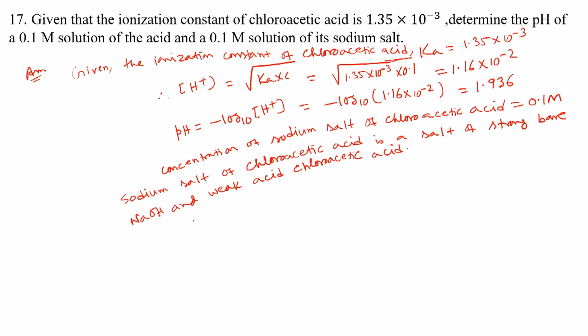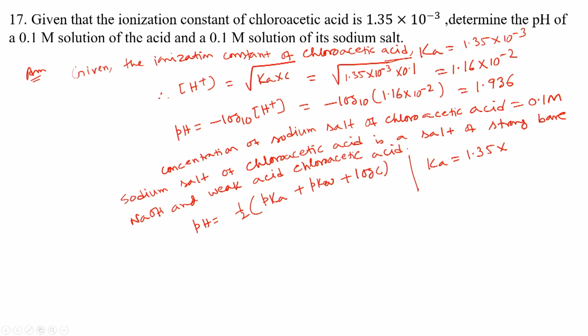So we know the formula. pH is half times pKa plus pKw plus log C. Now Ka is 1.35.